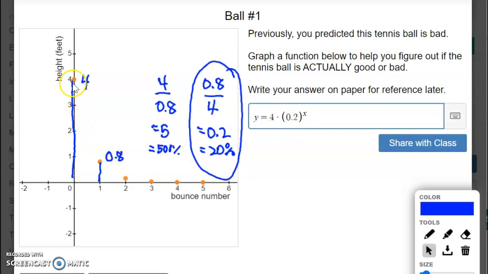How much am I going to multiply from the previous number to get the next number? You're going to multiply by 0.2. I can divide this by 10 to get 10%, which is 0.4, and 20% is doubling that, so that's 0.8. Okay, so that's my equation.